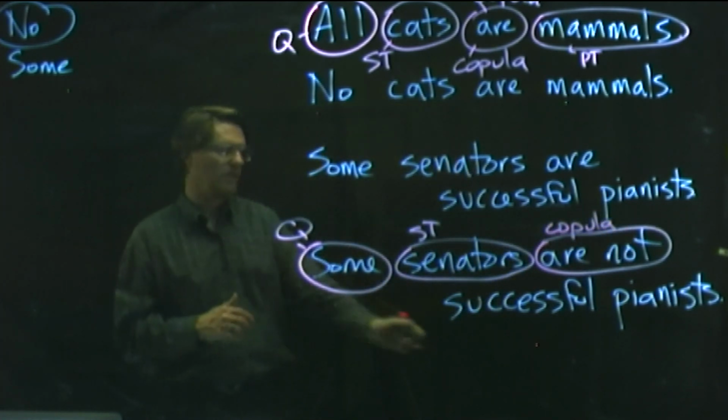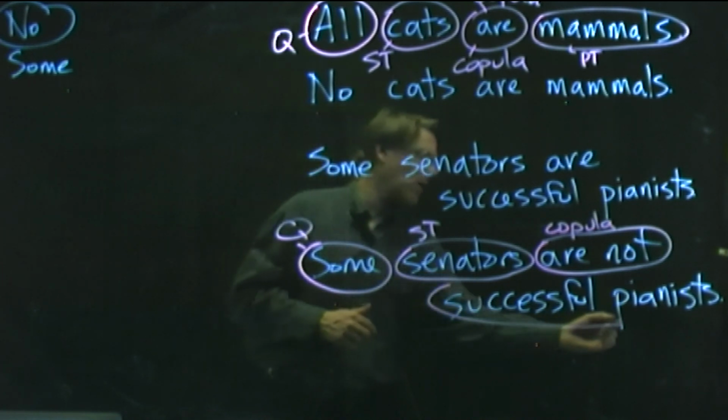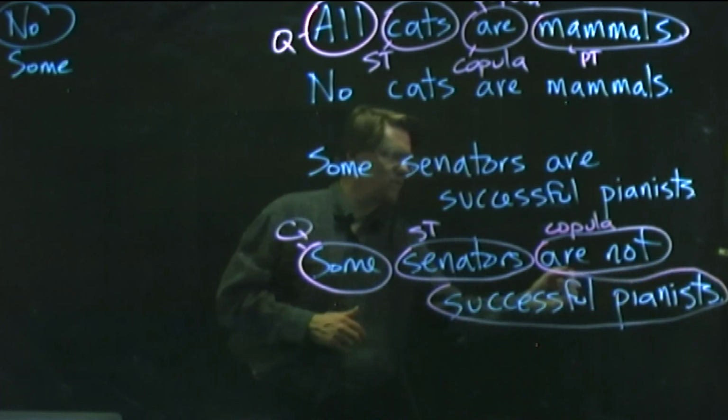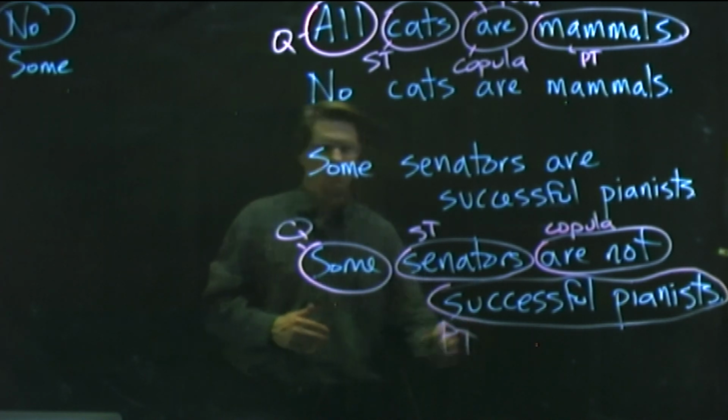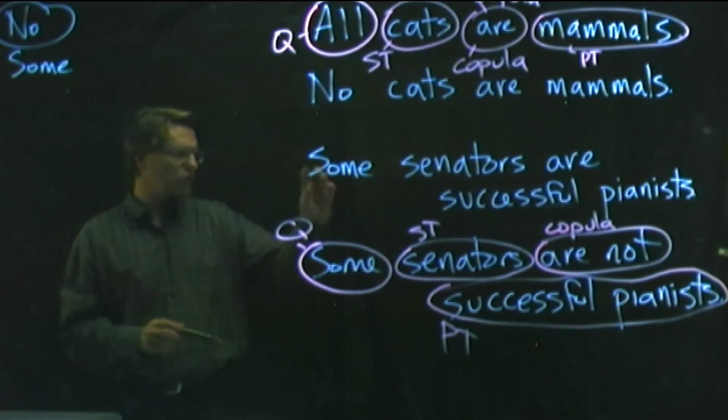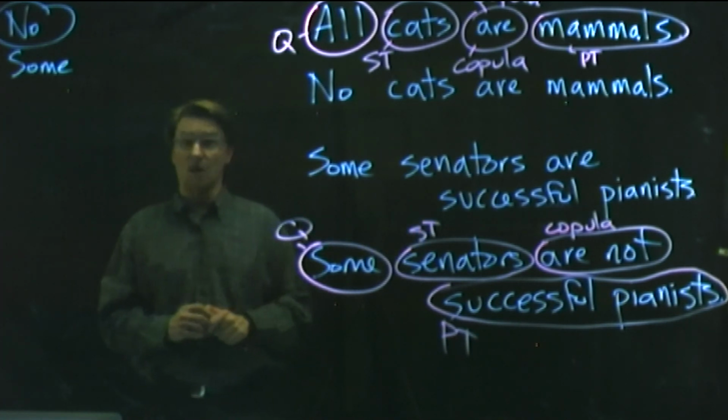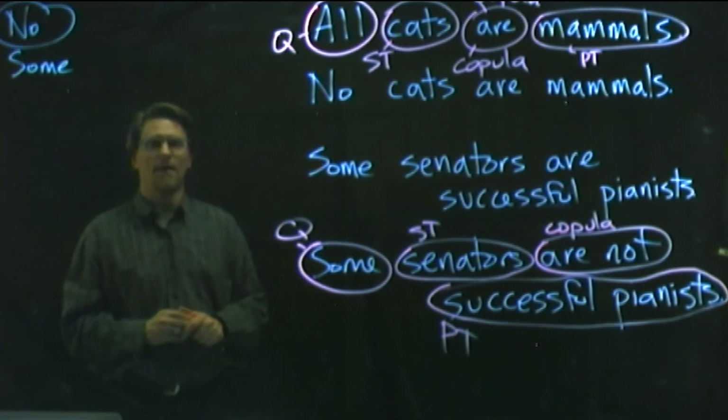Right, so that's the copula. And then here we have a longer predicate term, successful pianists, right? But you can break down these different components along these lines here, and you'll be asked to do that. But hopefully it's fairly straightforward.